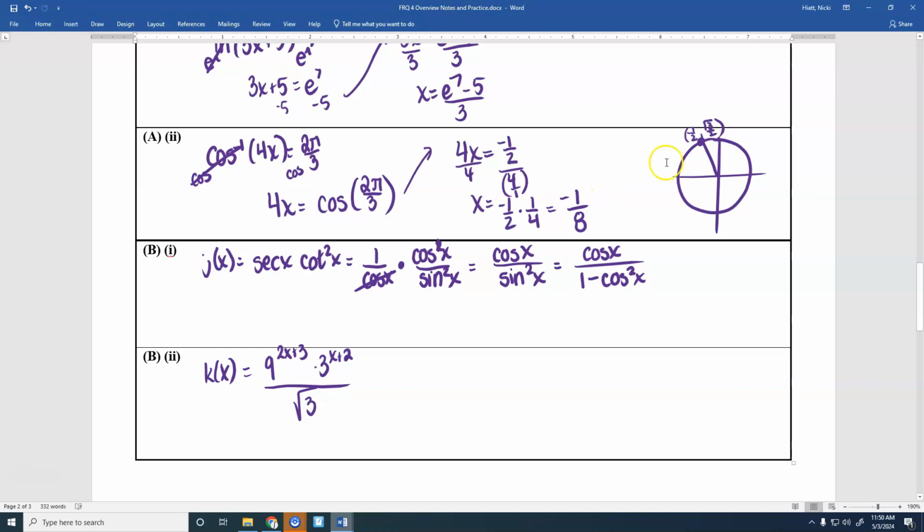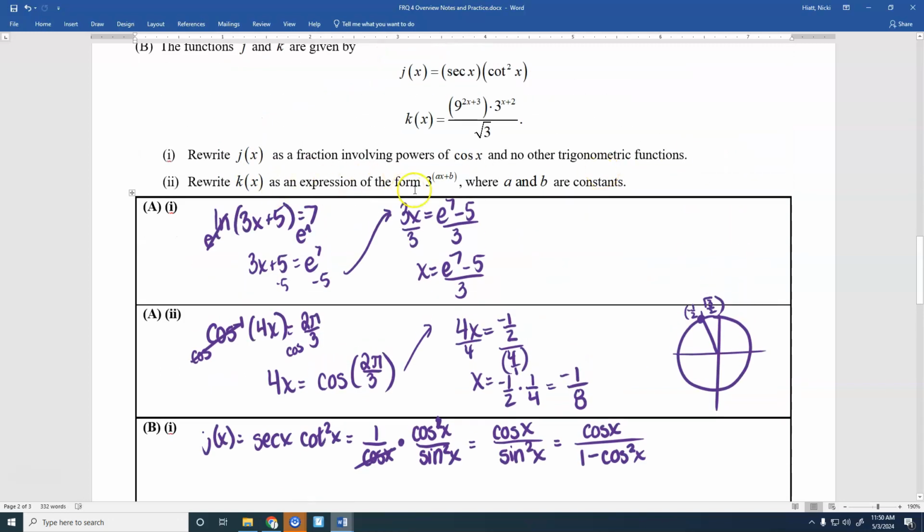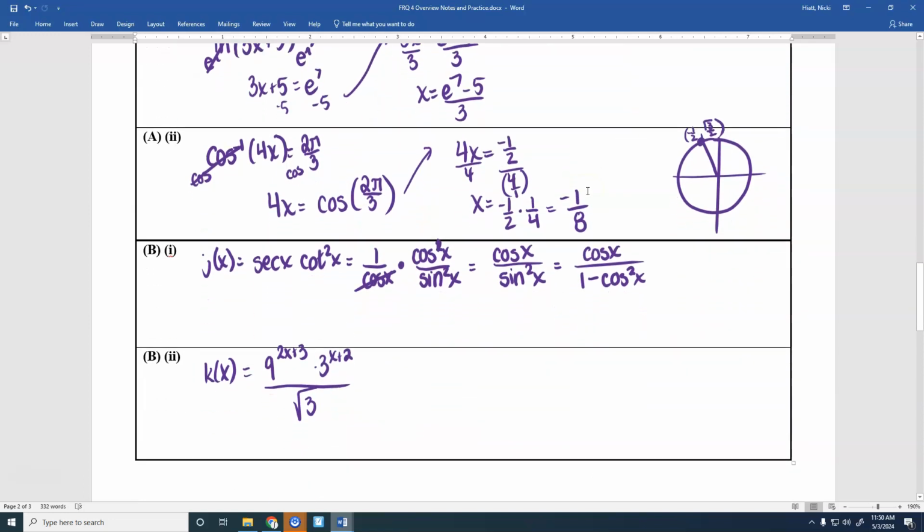And they are telling us to rewrite this in the form of 3 to the ax plus b, where a and b are constants. So that must mean everything can have a base of 3.